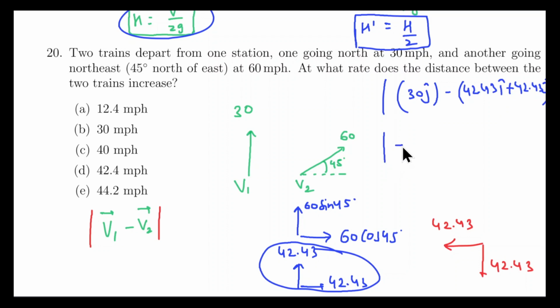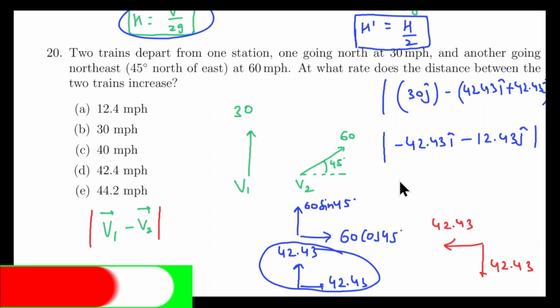So this will be minus 42.43 i cap, then 30 j cap minus 42.43 j cap. So what is 30 minus 42.43? That's negative 12.43 j cap.